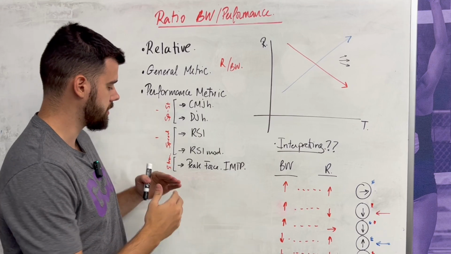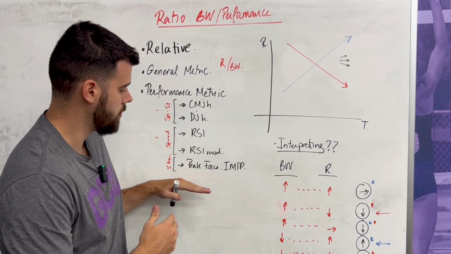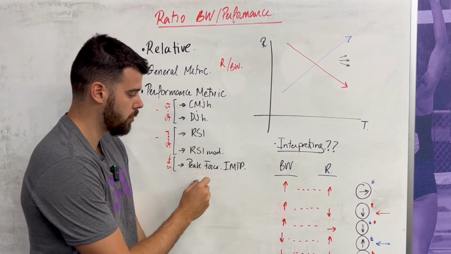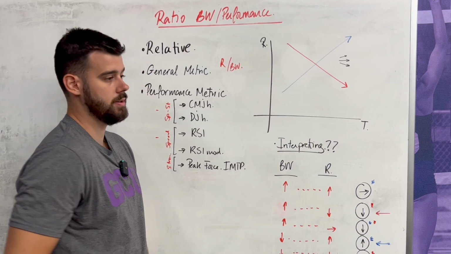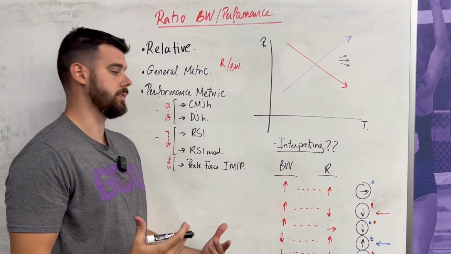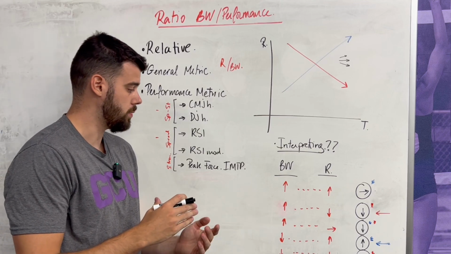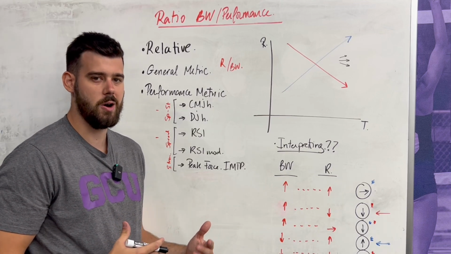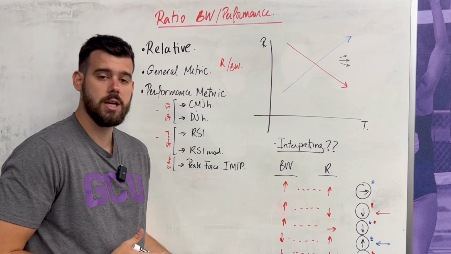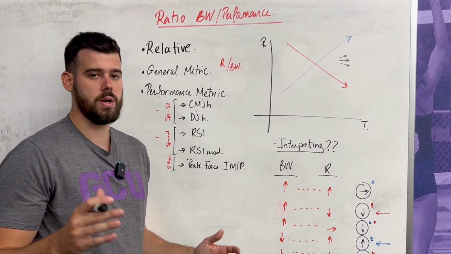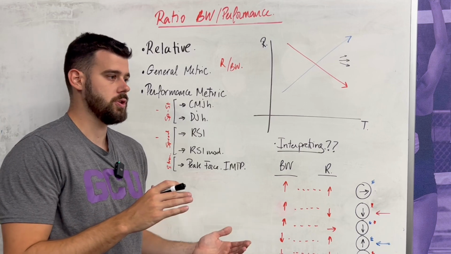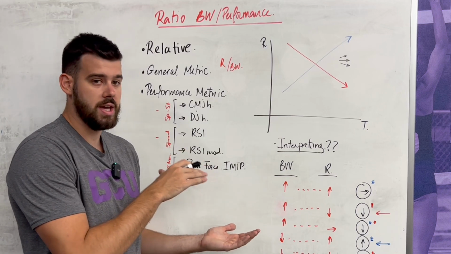If we're talking about slow production of force, I'm going to use peak force on the IMTP, the isometric mid-thigh pull, which is an isometric force test. I'm going to be using the peak force for that metric. We could substitute this with how much you can lift on a given lift, on a squat, on an RDL, whatever you want to use, but I prefer to just use peak force if we have that metric.